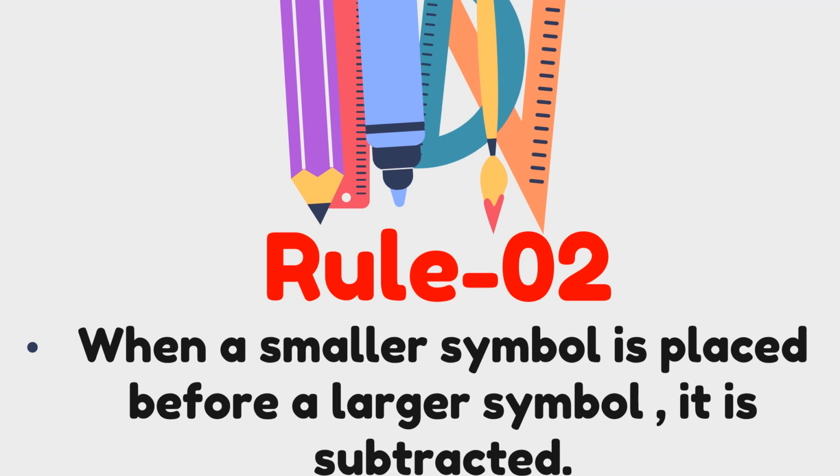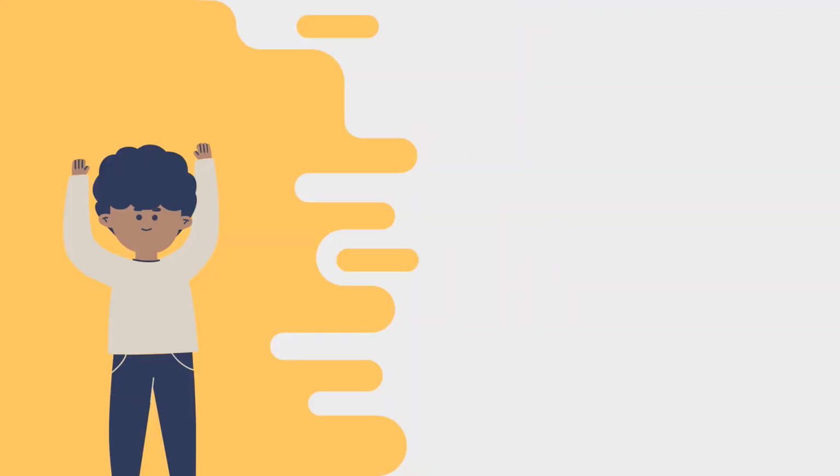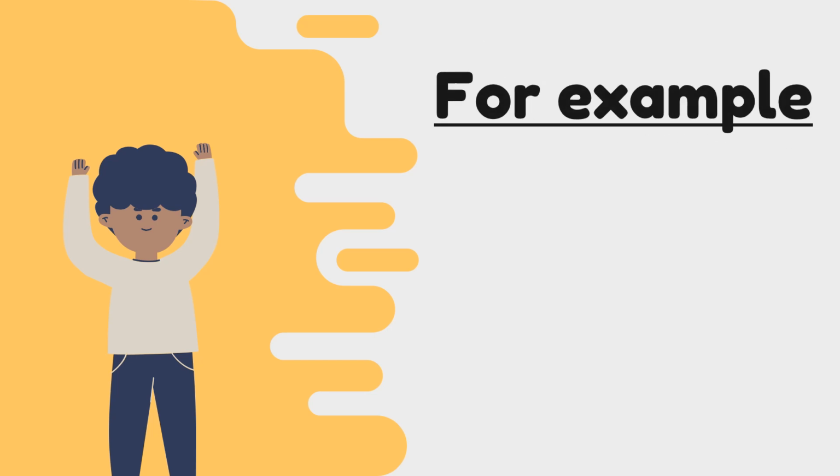Here is rule 2 for writing Roman numerals: when a smaller symbol is placed before a larger symbol, it is subtracted. Let us discuss a few examples where rule 2 is applied.